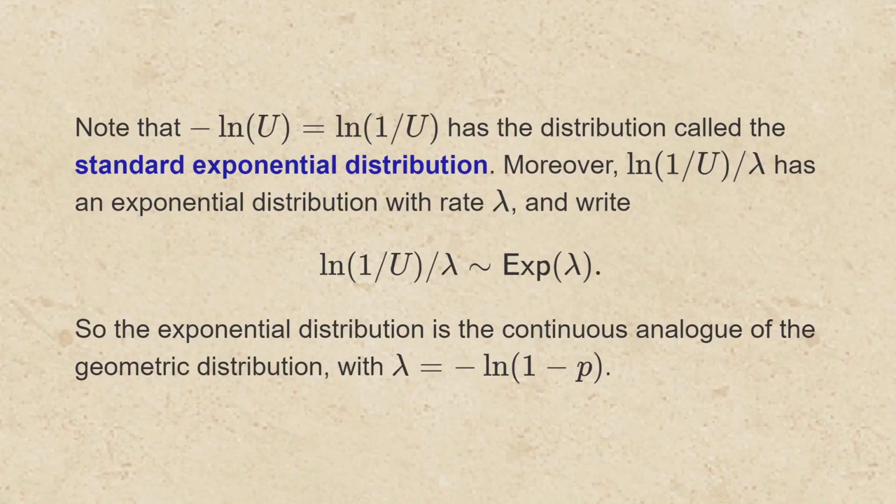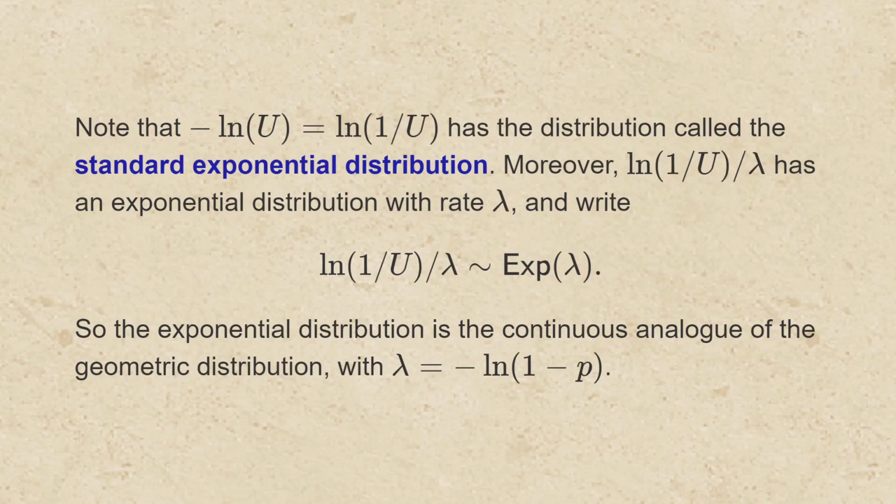Note that negative the natural log of a uniform, or natural log of 1 over that uniform, has the distribution called the standard exponential distribution. Moreover, natural log of 1 over u divided by lambda has an exponential distribution with rate lambda, and we write that as exp for exponential distribution with rate lambda.